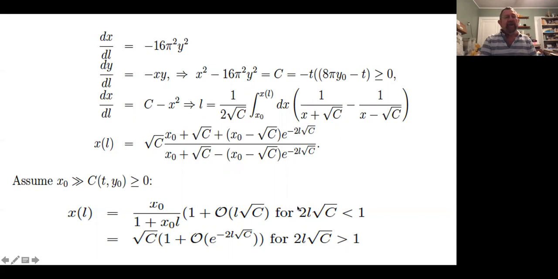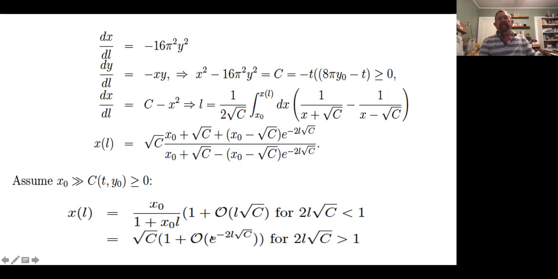And so then, instead of writing the full expression for x of L, we can write x of L equals x naught over 1 plus x naught L times 1 plus terms of order L root c. And this is a good approximation, as long as 2L root c is less than 1.